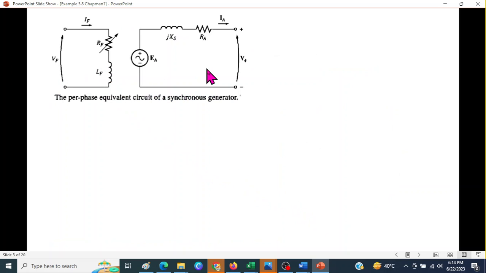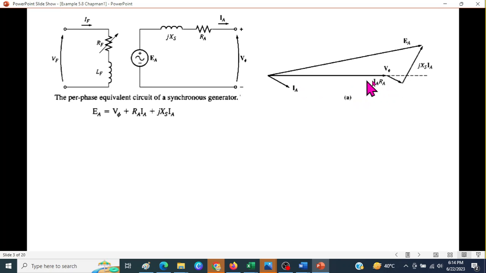Okay, we have learned that the per phase equivalent diagram of a synchronous generator is represented like this. We also know how to write the equations. EA is dropped in this branch, and it's a phasor diagram represented like here. I'll not discuss that because I have discussed all this in the phasor diagram video.